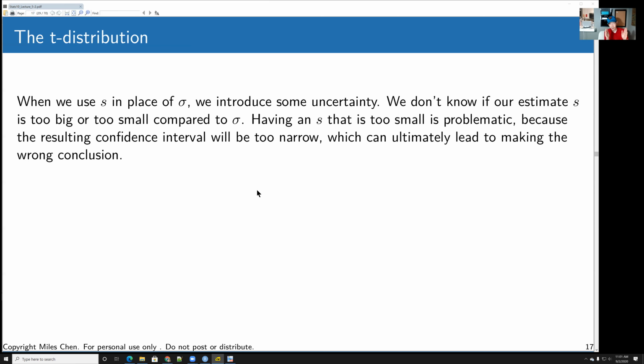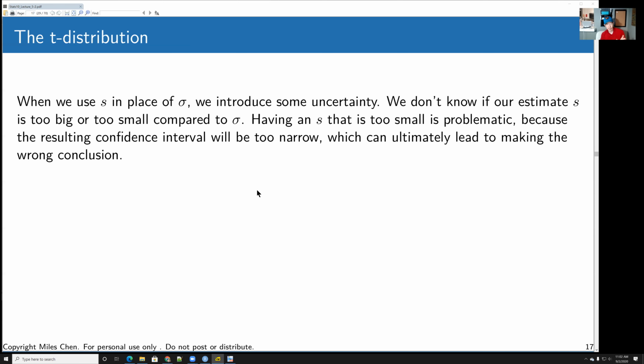Remember, when you make conclusions based off your confidence interval, you're concluding based on whether some particular value is inside or outside of your interval. When your S is too small, you're basically casting a net that's a little bit too small, and you won't catch the value that you want.